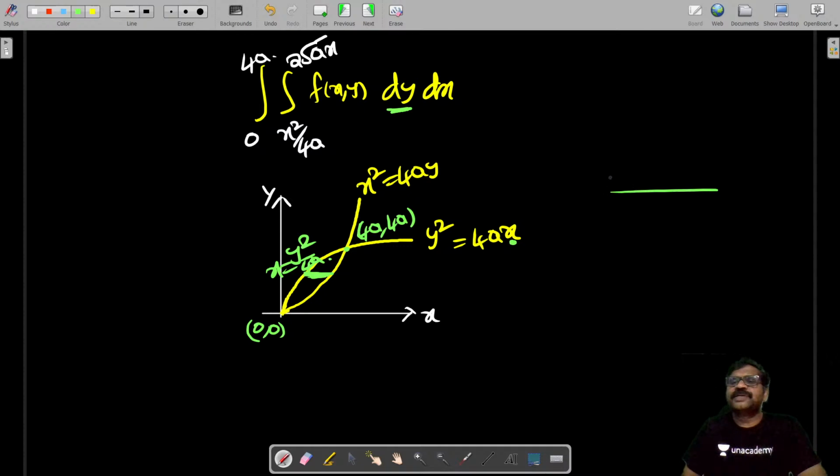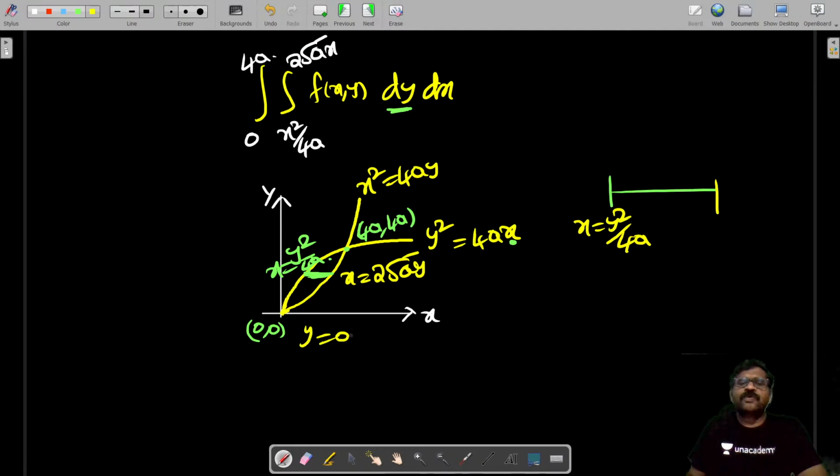This edge is x equal to y square by 4a. This edge is x equal to 2 root ay. Now y equal to 0 and y equal to 4a.